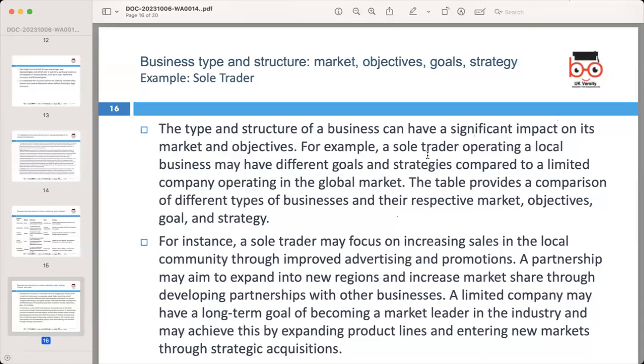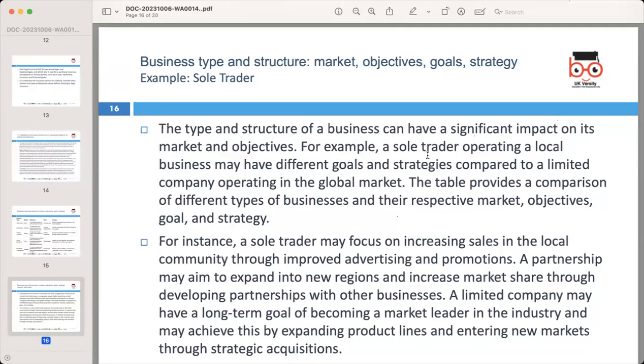So to achieve these objectives and goals, sole traders rely on local strategies. They may invest in improved advertising and promotion within their community, might be in your streets or around your areas.